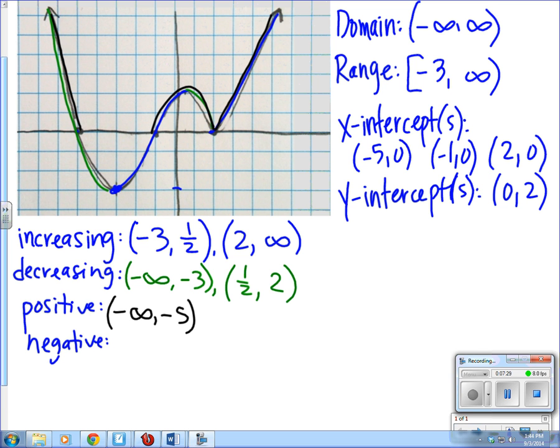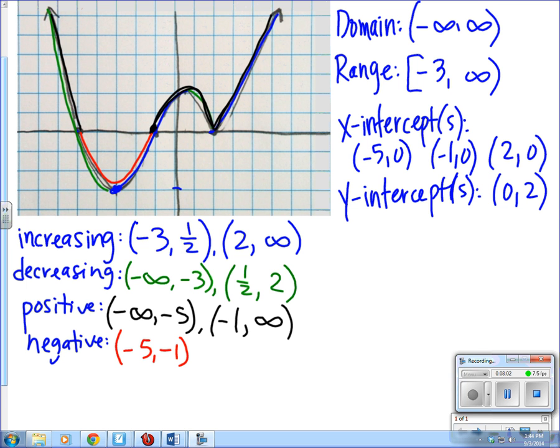So the rest of this, from this point on right here to the rest of the function, it's positive. So how do I say that? That's where x is negative 1 to infinity, right? Negative 1 to infinity. Now it's negative, just this little loop-de-loop right here. That's where it's negative or goes below the x-axis. So that's where x is what to what? Negative 5 to negative 1. Right? Good. Questions right now?